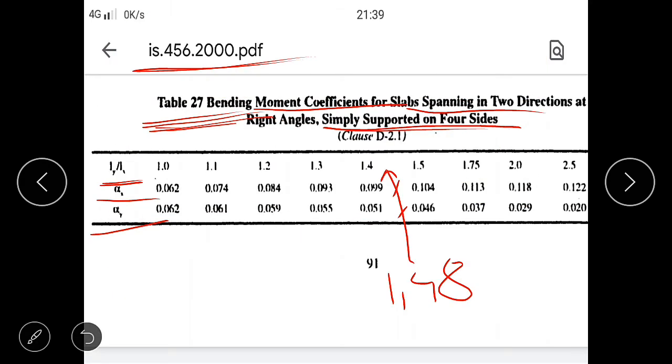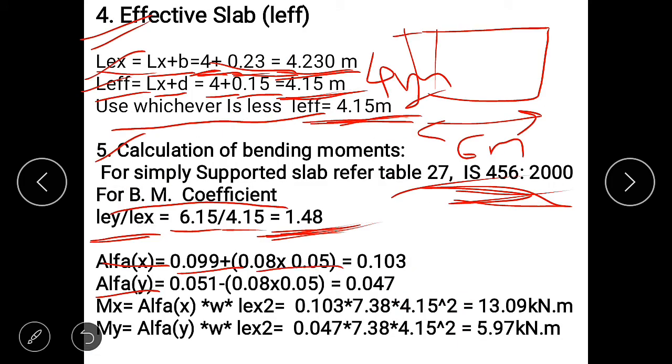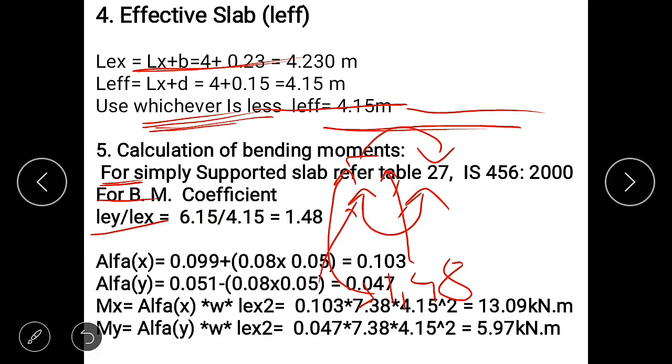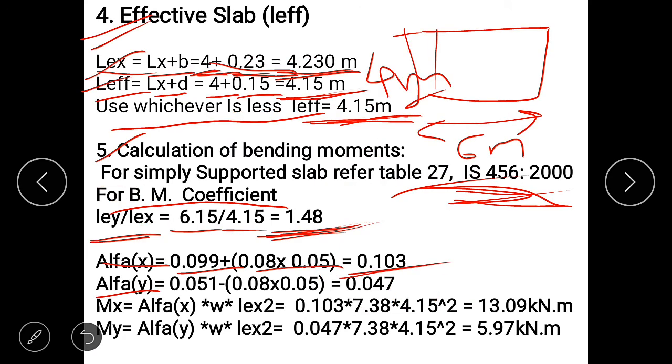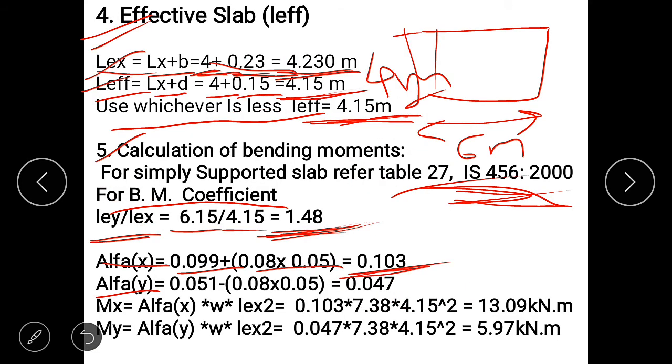By using this value 0.099, firstly we subtract, and subtract these two, plus 0.09. So here we get the answer 0.103. So alpha x is 0.103.